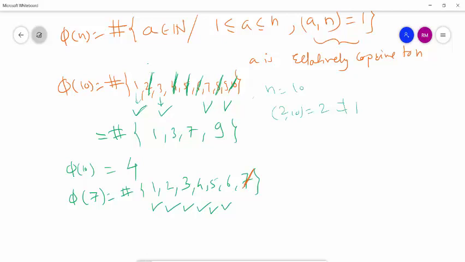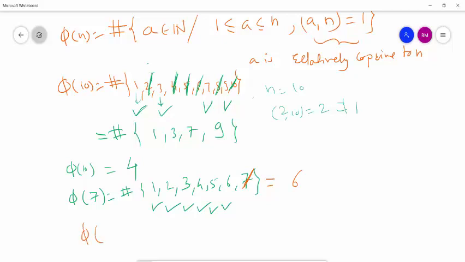So only 6 elements are there: 1, 2, 3, 4, 5, 6. So phi of 7 is 6.